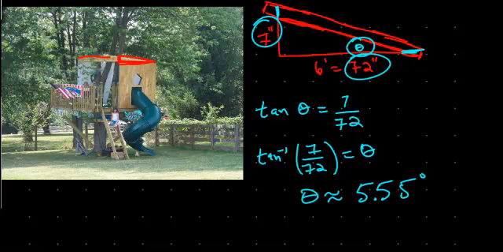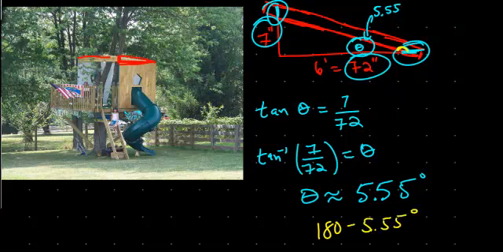So that is going to be about 5.55 degrees, the angle I need to figure out these cuts there and there. If you know this angle is 5.55 degrees, then you know the angle that you need to cut on the board is 180 minus 5.55 degrees, because if you want a straight line here, you know that is 180.